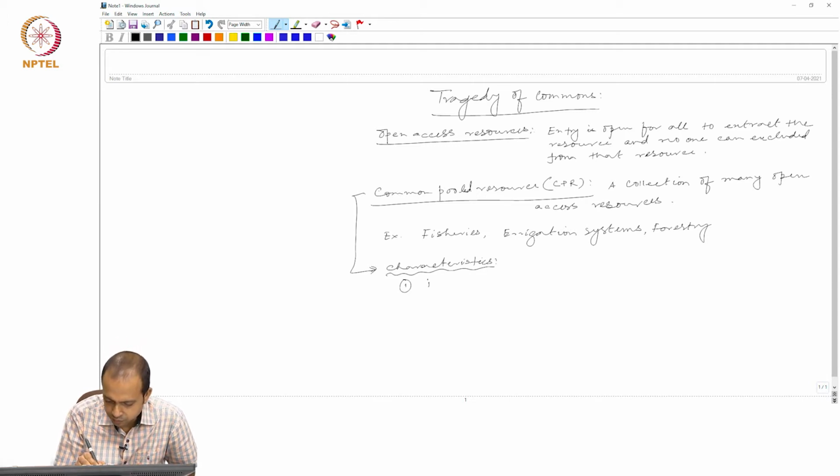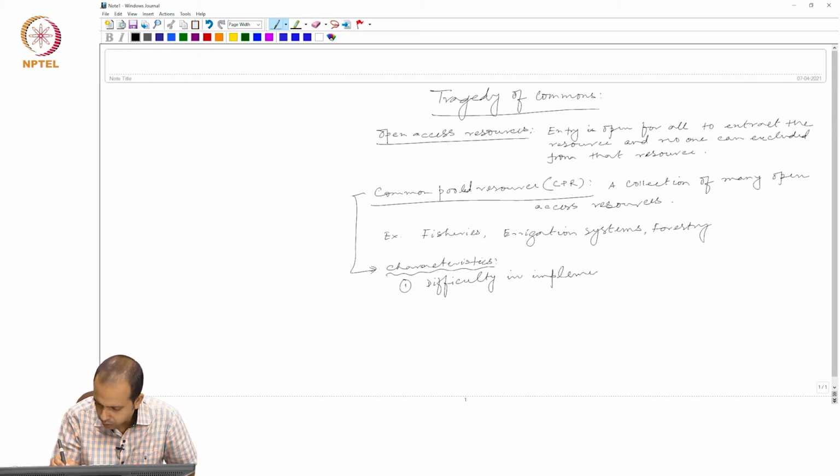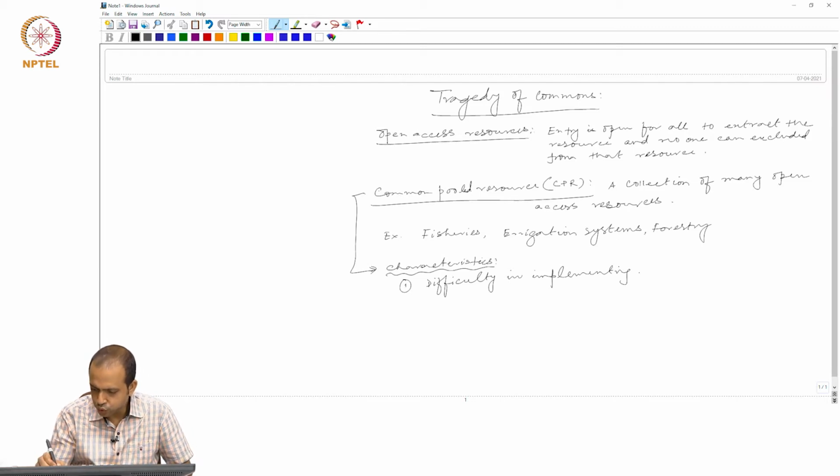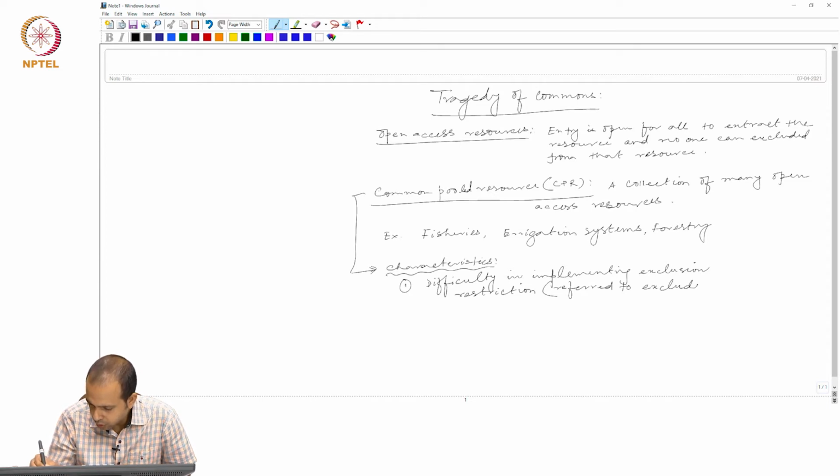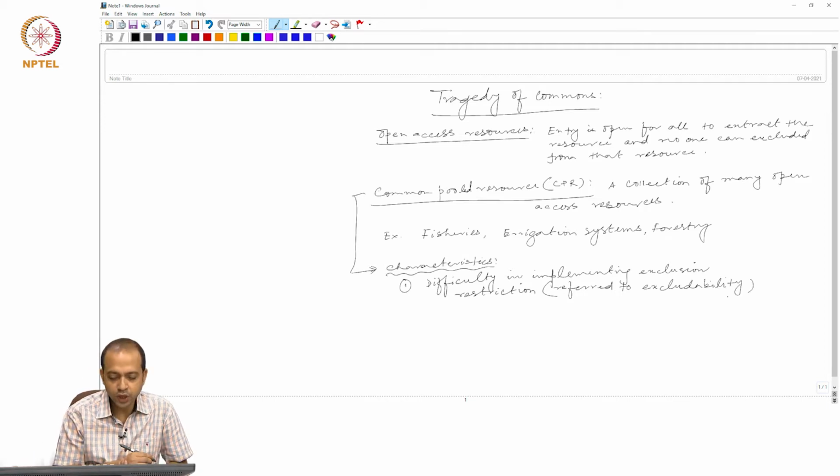So, difficulty in implementing exclusion restriction, which is referred to as excludability.